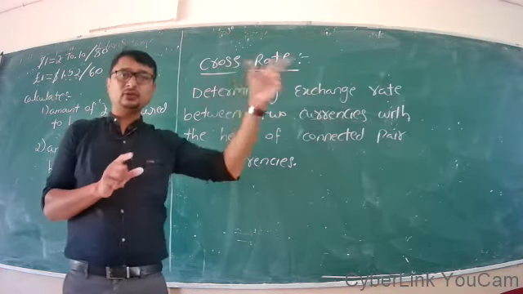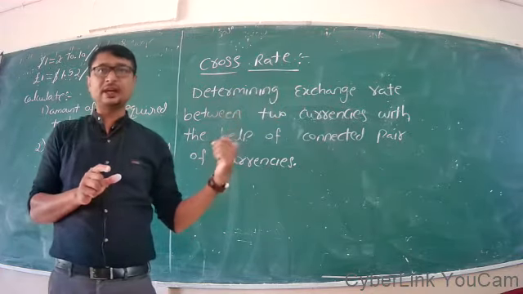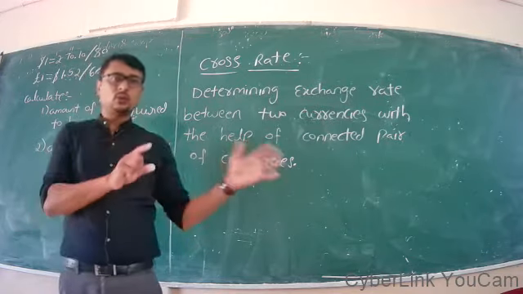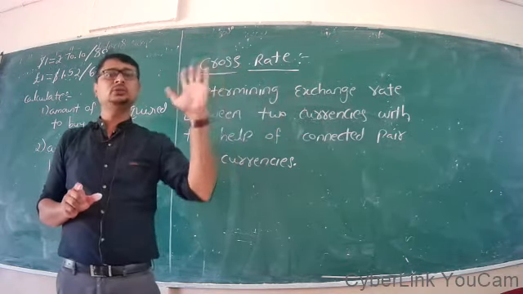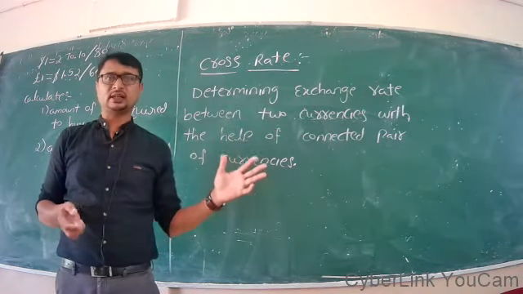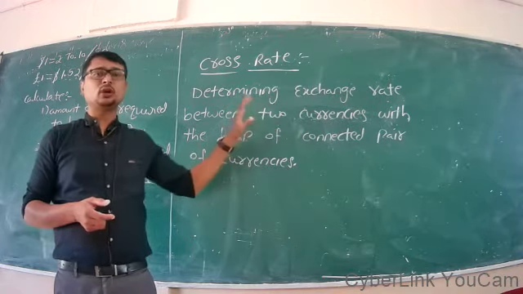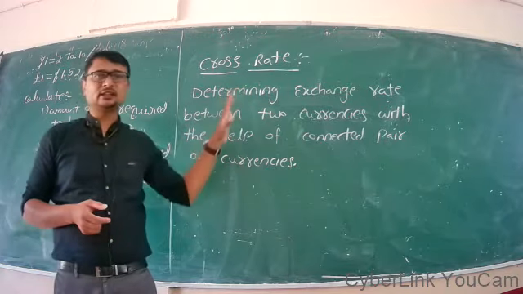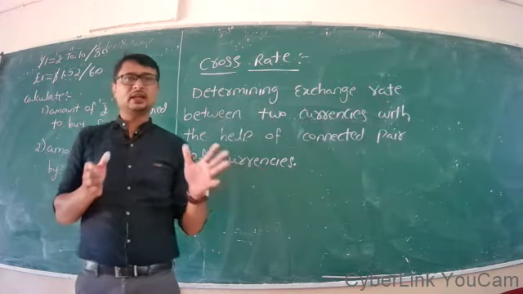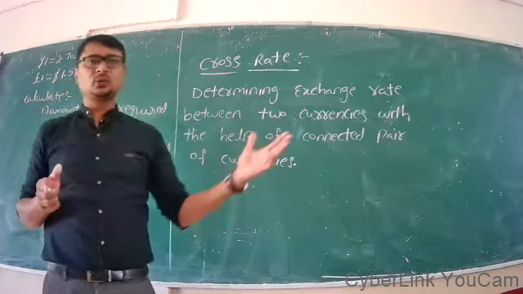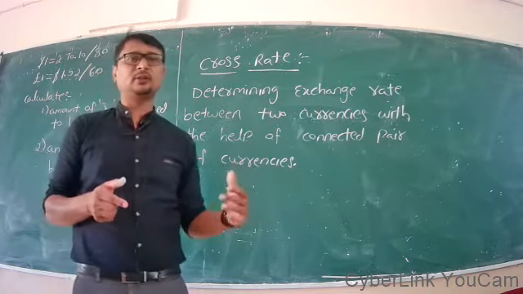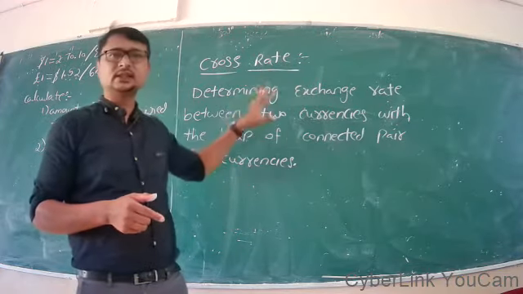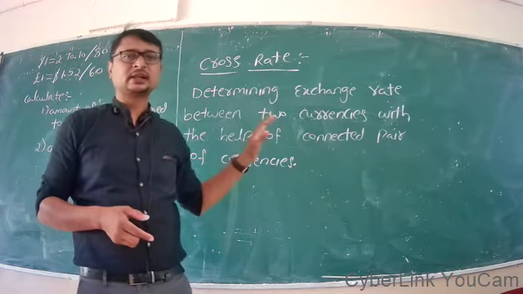With the help of those pairs, we determined that 1 GBP is equal to INR 91.8. That's where the new concept of cross rate comes in. That's what we have done in the earlier illustration, right?